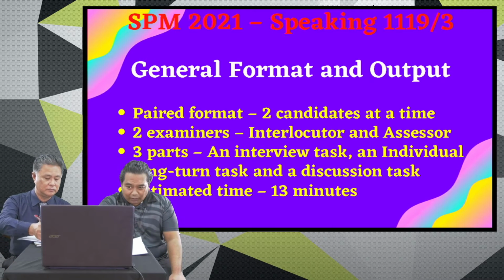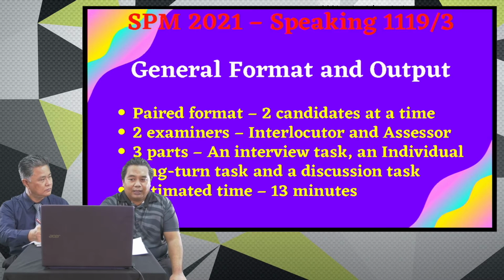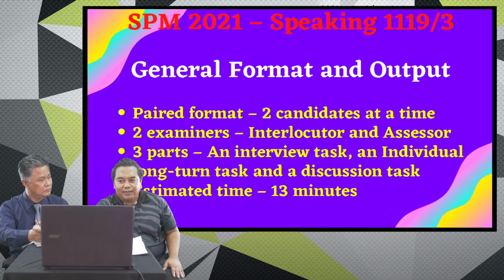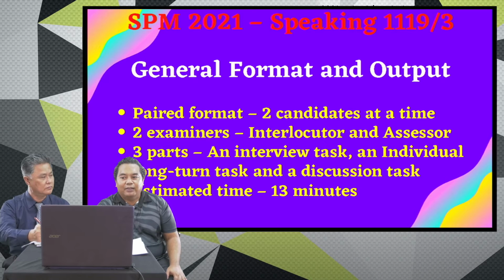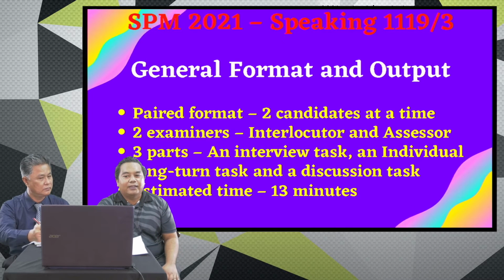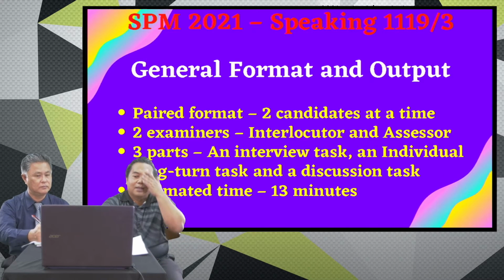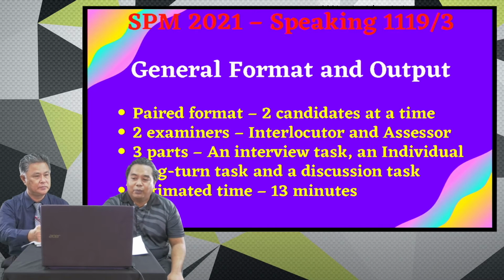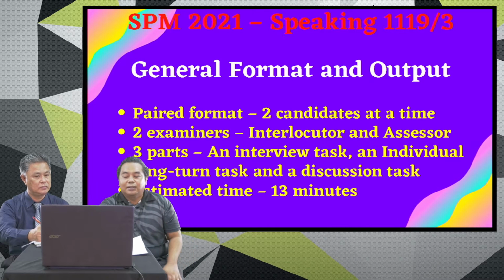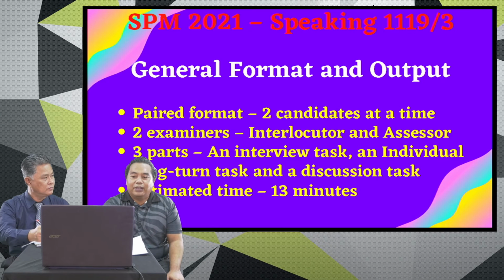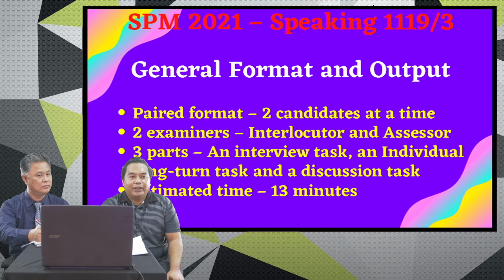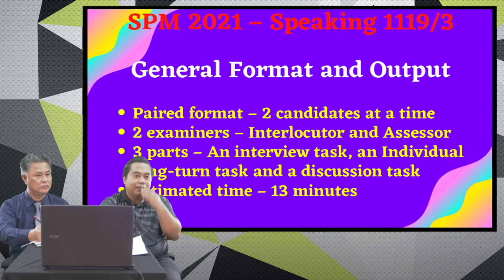Interlocutor is a teacher who will ask questions, and the assessor is the one who will assess the student, who will give marks. The interlocutor will probably be the English teacher of the students, to make them feel at ease, to boost their confidence.